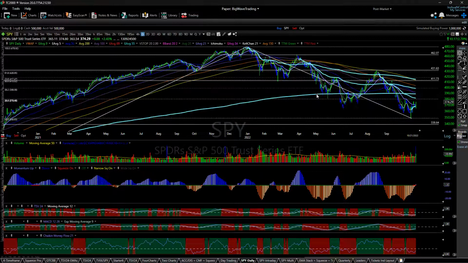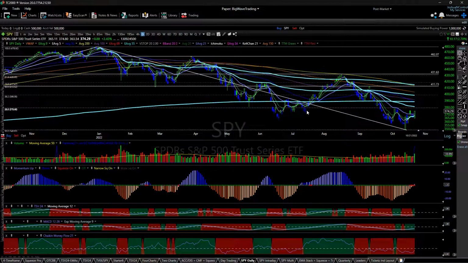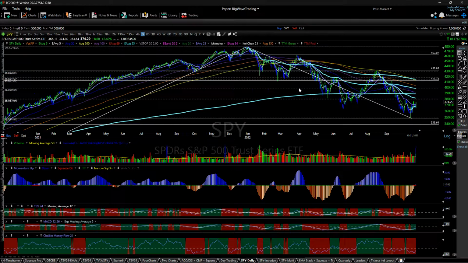Been waiting for it for this downtrend, been waiting for it for this downtrend, but yet I can never seem to get it. Kind of tells me that we're probably at a major support level. Will it hold into 2023 once we start seeing the interest rates work its way through the economy? I do not know.